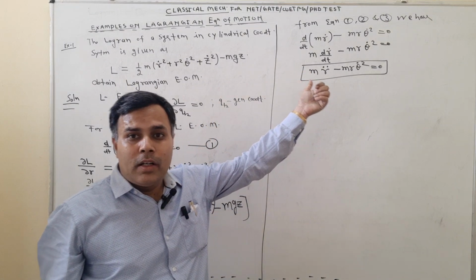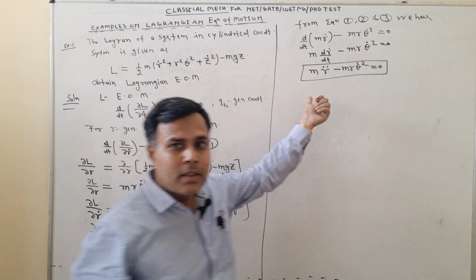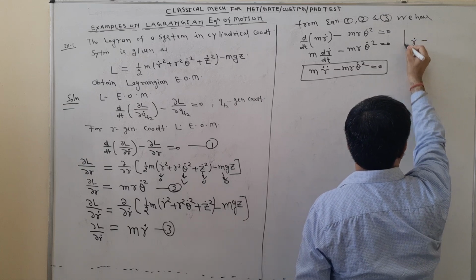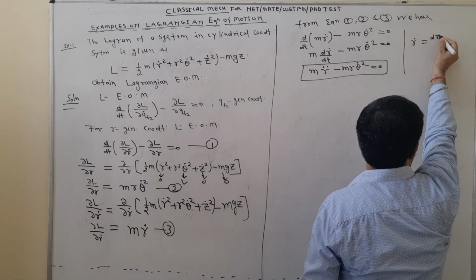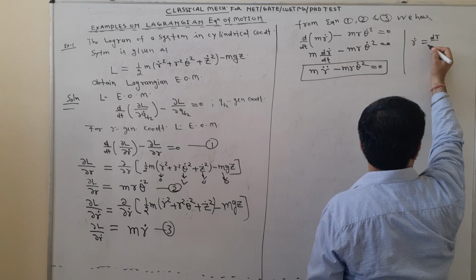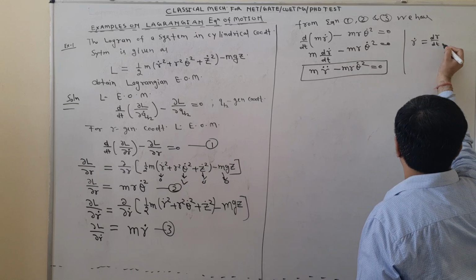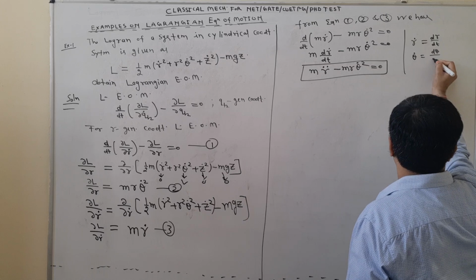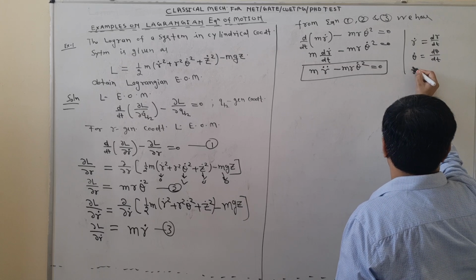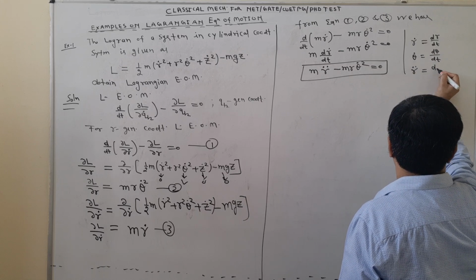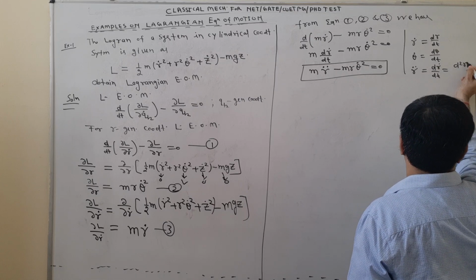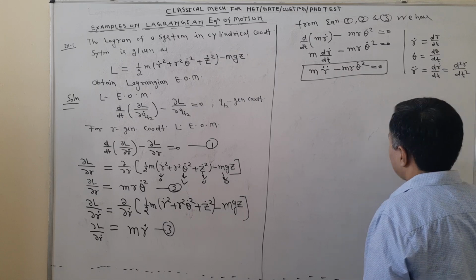So this is a second order differential equation. What is R dot? It is simply dr by dt, for one variable. Theta dot is d theta by dt, and r double dot is dr dot by dt or d2r by dt square.